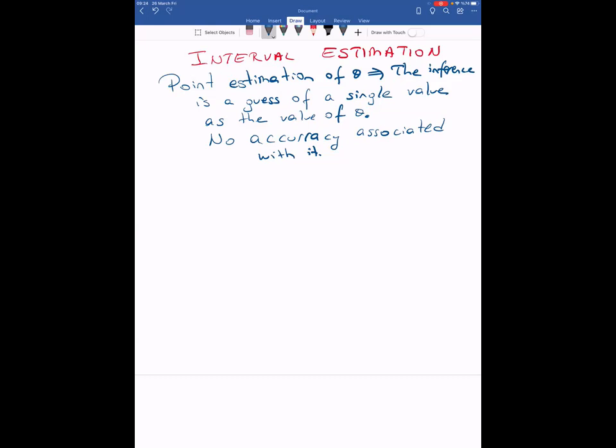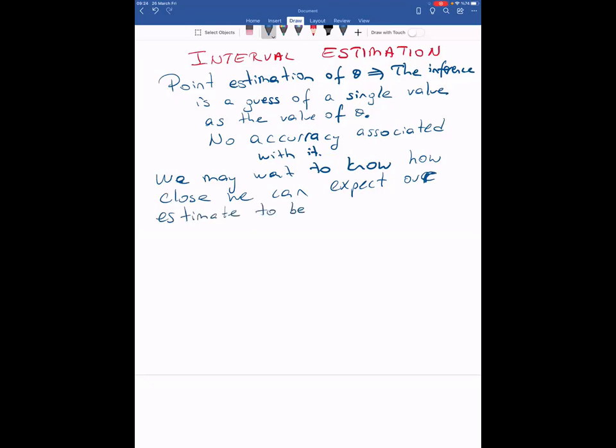We may want to know how close we can expect our estimate to be to the true parameter value.